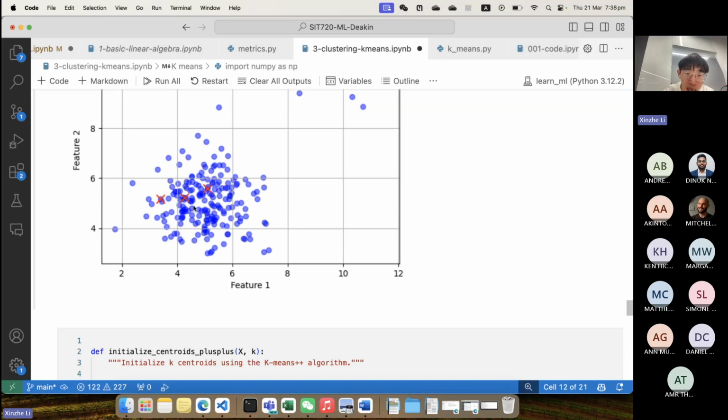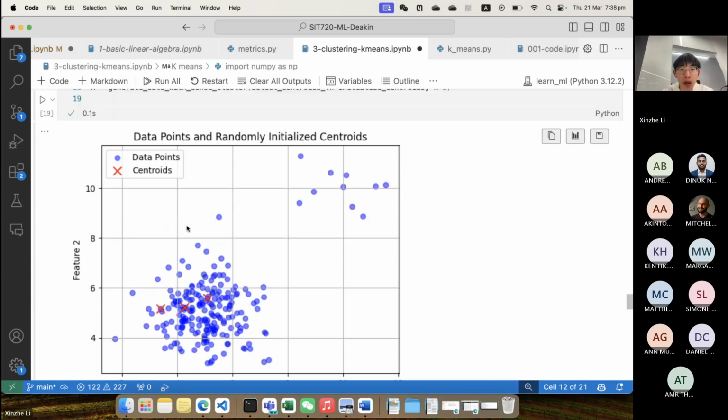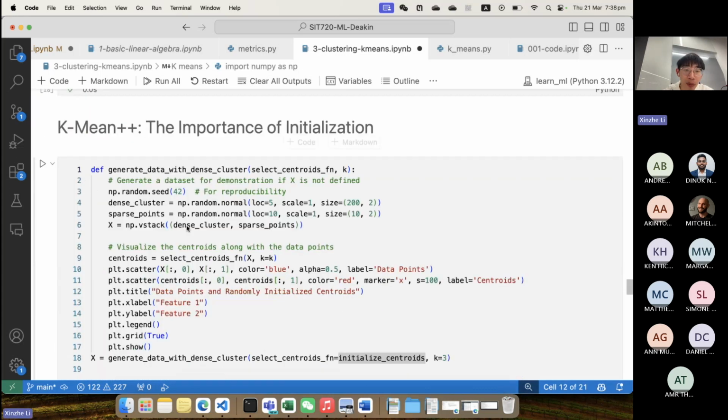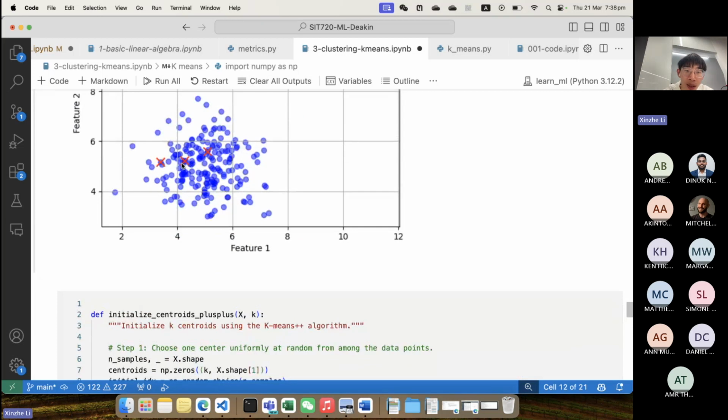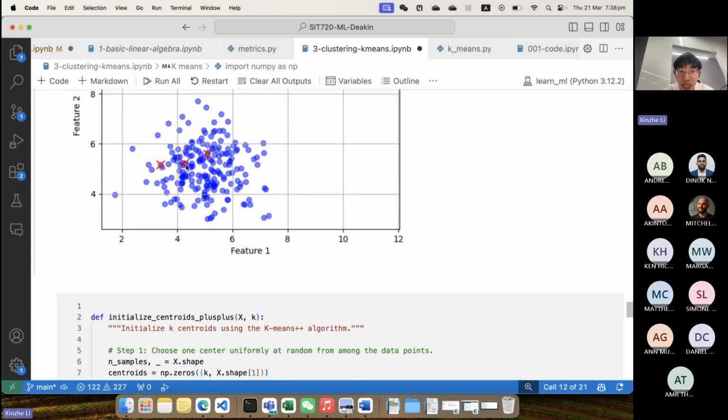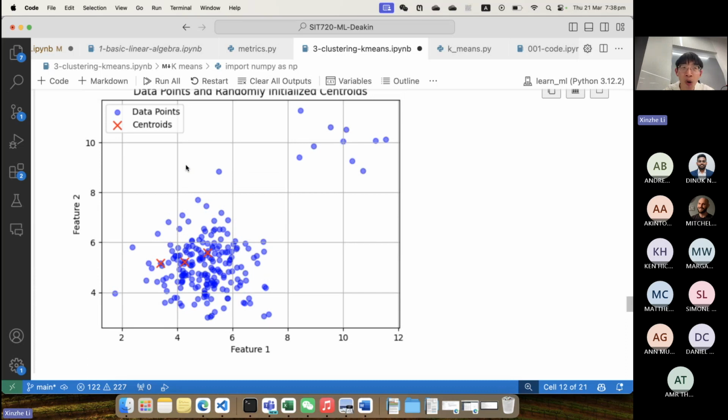Then you average the y dimension of these data points, and you update this centroid again. Maybe it will go up a little, go left a little. Then you do it iteratively. You have a new centroid, right? Then you do assignment again, assign the data points and update again, assignment, update, assignment, update, until your update won't give you much change.